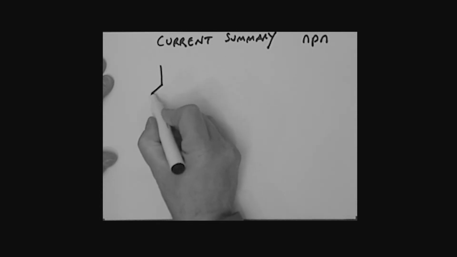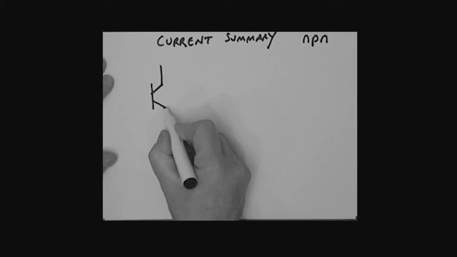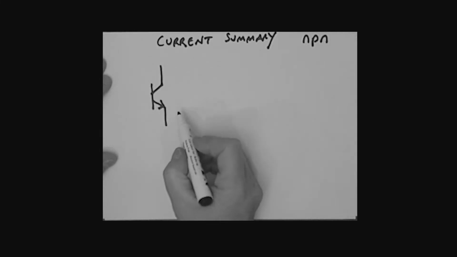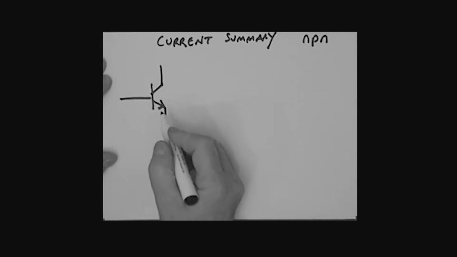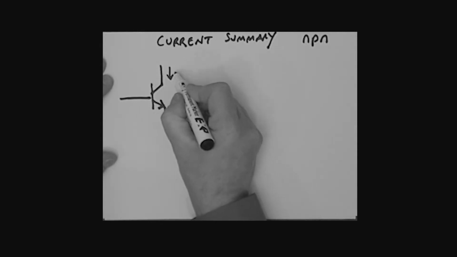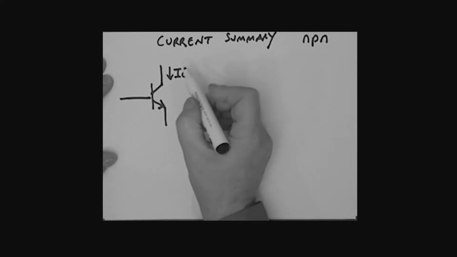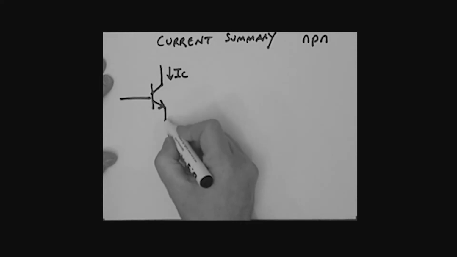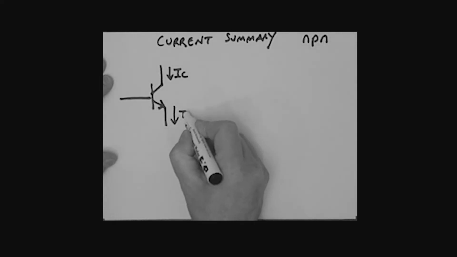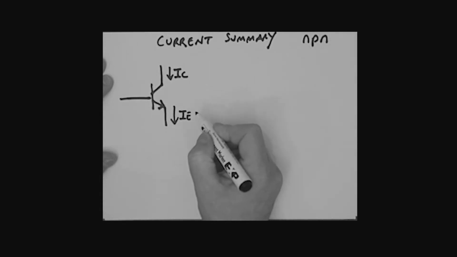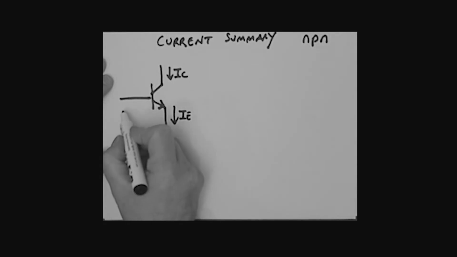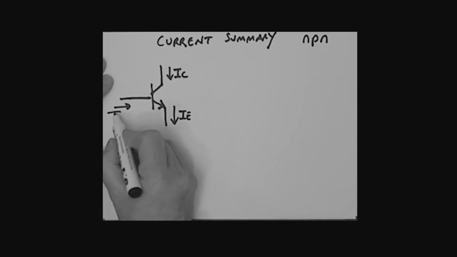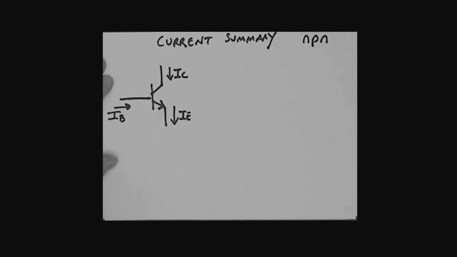All right, here it is. It's an NPN transistor, little arrow pointing out. This is the collector current, IC. Of course, this is the collector, this is the emitter. So this is the emitter current, IE. And then this is the base. This is the base current, IB.